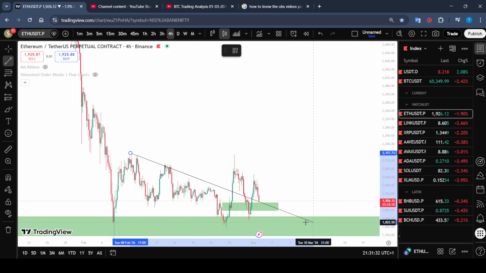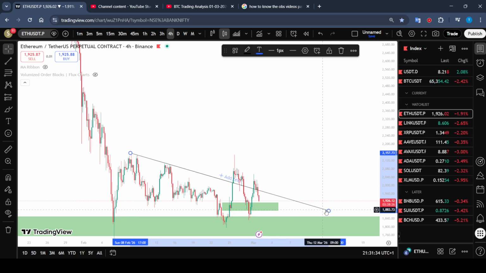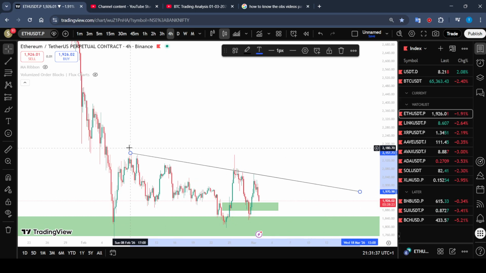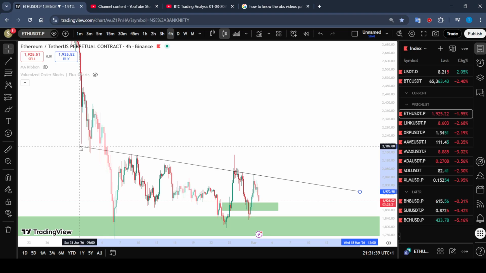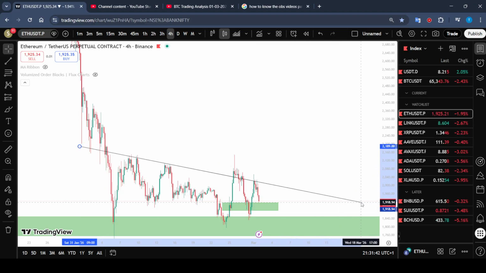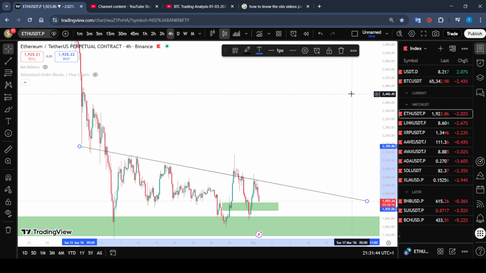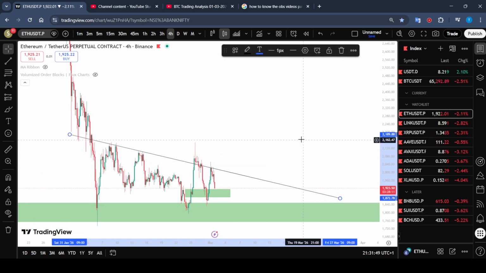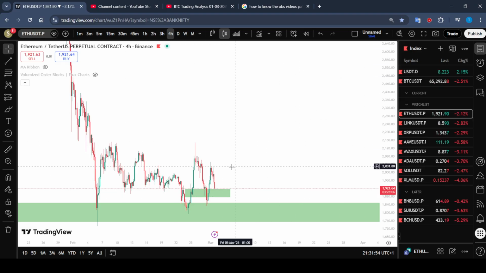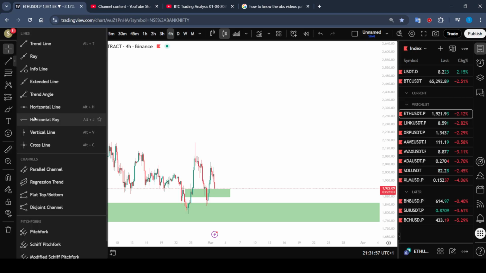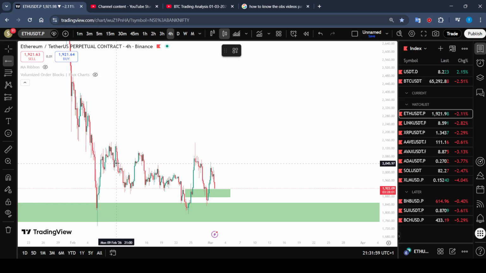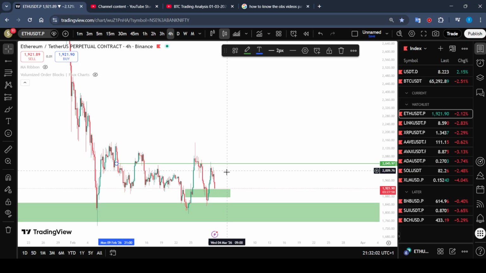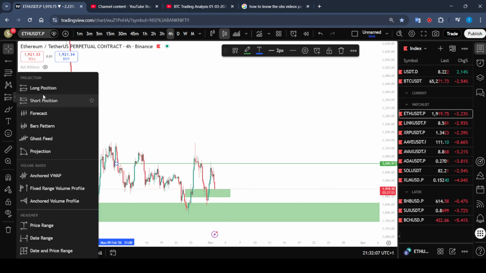Let's see. There is nothing that concretely establishes, but let's say we need to see a break of structure above this level, and then only it gives a good confirmation to enter the trade.